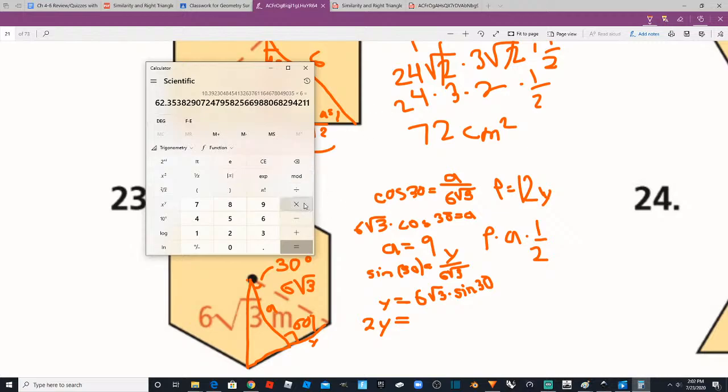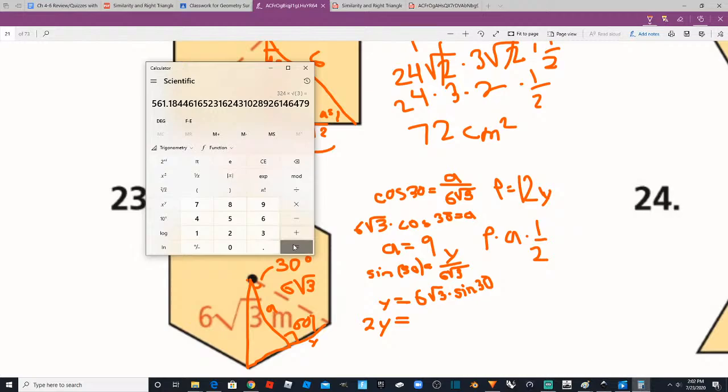We can multiply that by the apothem, which will be times cos 30, equals, and we'll multiply that by 6. We'll multiply that by 3 radical, which gives us this.